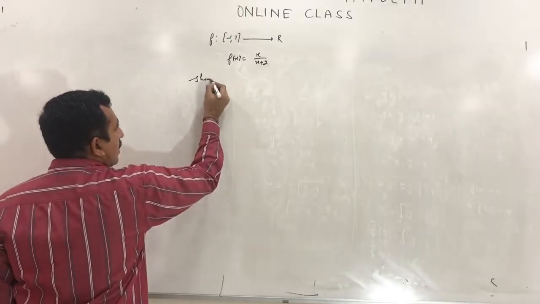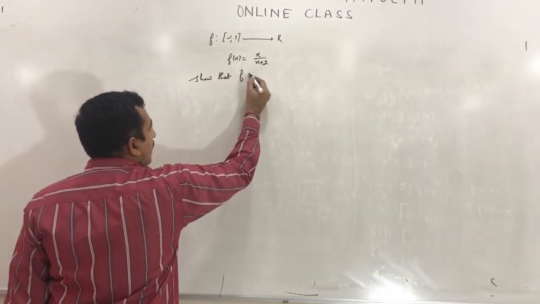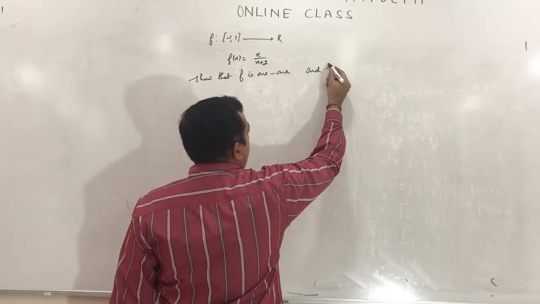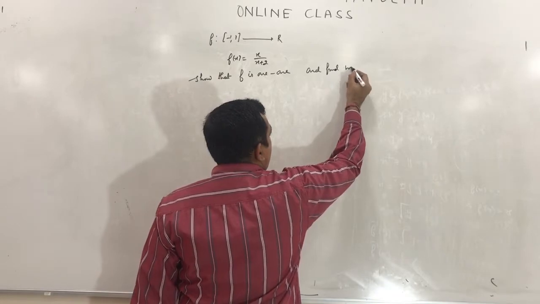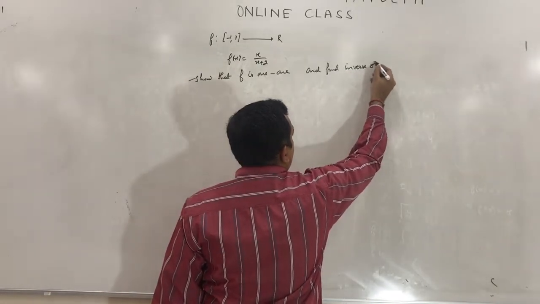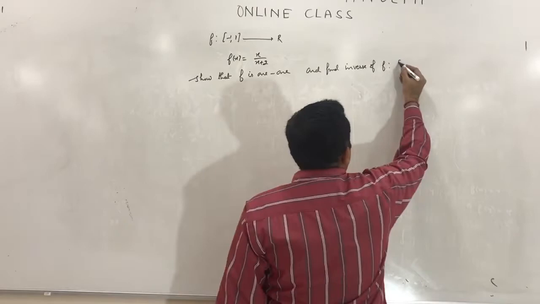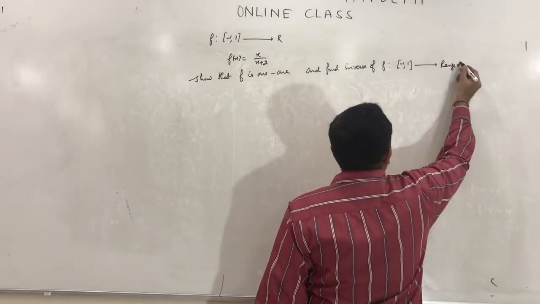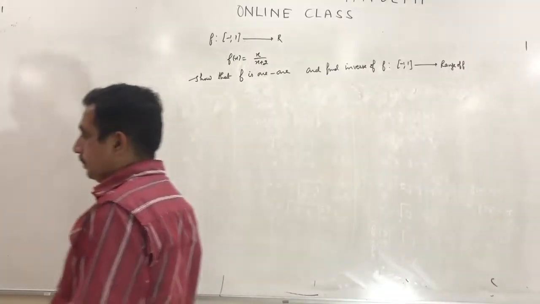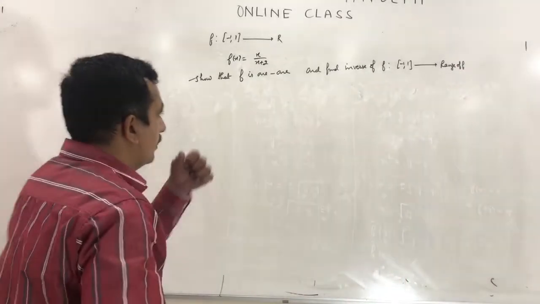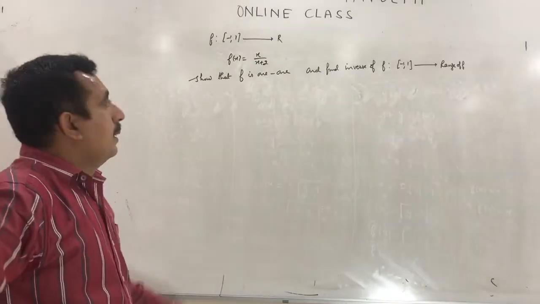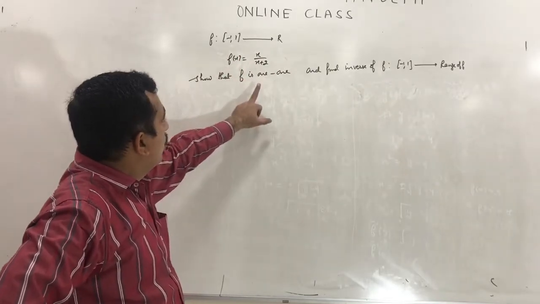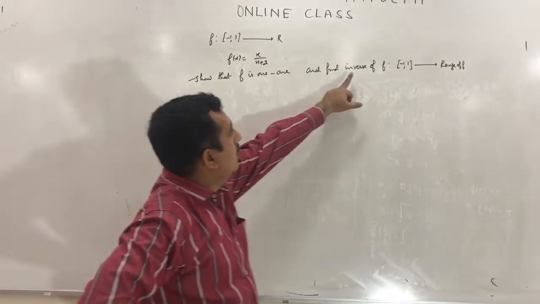Show that f is one-one, and also find the inverse of f from -1 to 1 to range R. See this question: f is a function from -1 to 1 to R. This is given to you. Show that it is one-one. Find out the inverse.